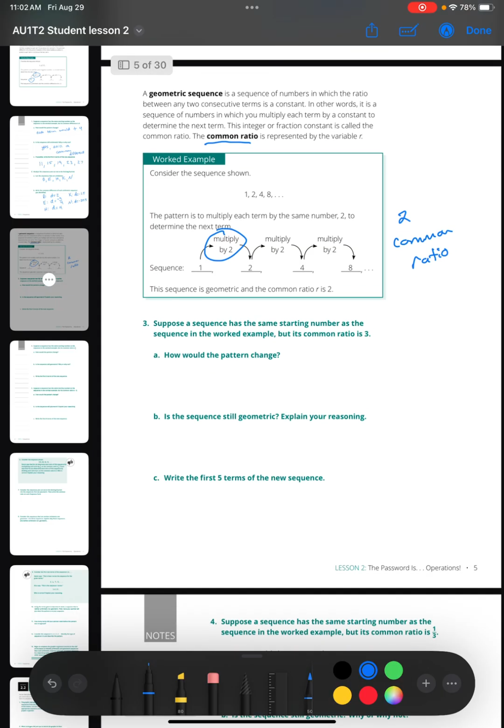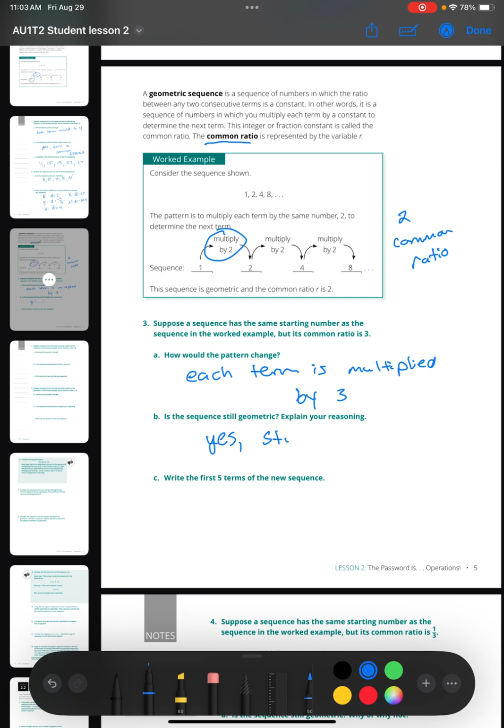So for question 3, how would the sequence that has the same starting number change in the work example if the common ratio was 3? You'd say each term is multiplied by 3. Is the sequence still geometric? Yes.